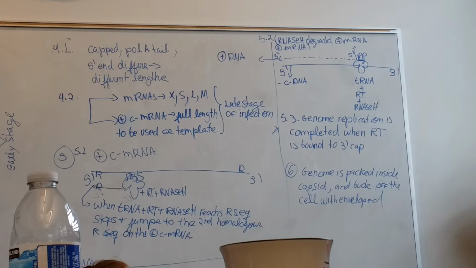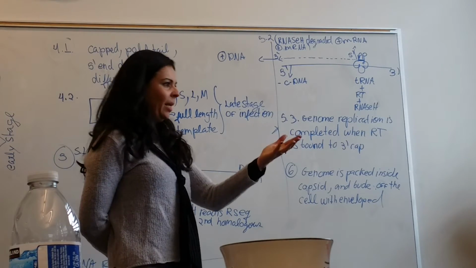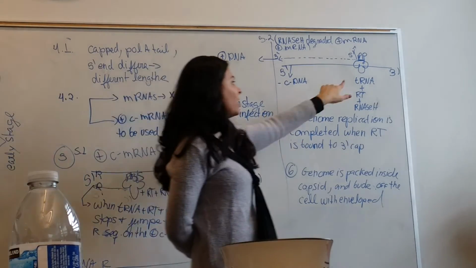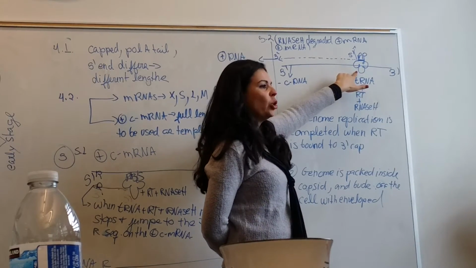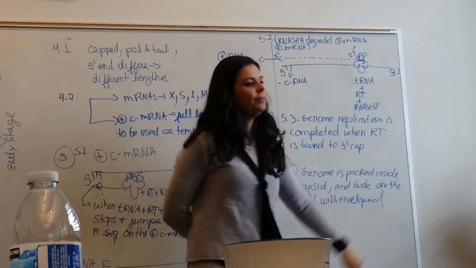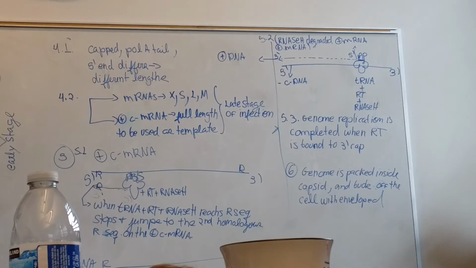What is the purpose of the PP sequence? It's a primer sequence. And that's where the P protein or the transfer RNA knows where to restart. What's the purpose of that part not degrading?